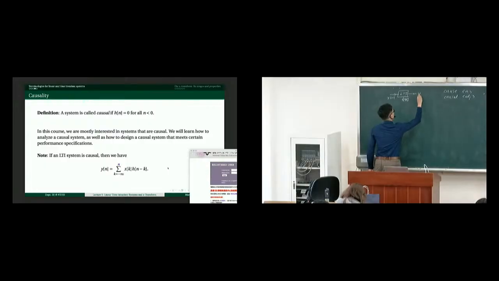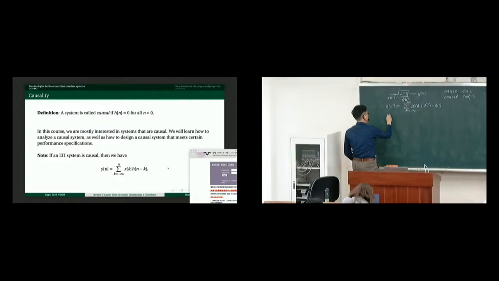If a system produces y of n, and it is LTI, we have already shown that it is the summation of x with respect to h, most generally over all k, from minus infinity to infinity.